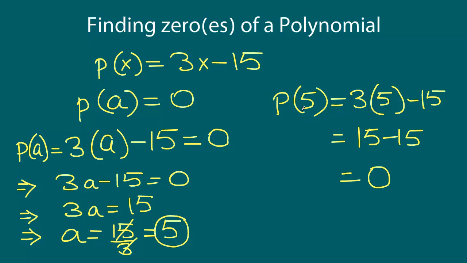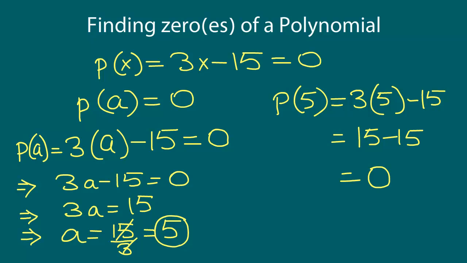So one very simple way to find the zero of a polynomial is that we take the polynomial and simply equate that to 0, right? Here we assumed the zero to be a, but we could have assumed the zero to be x, simply equated this to 0 and solved for x, right?